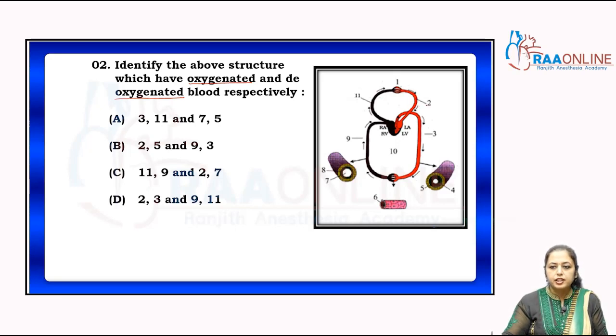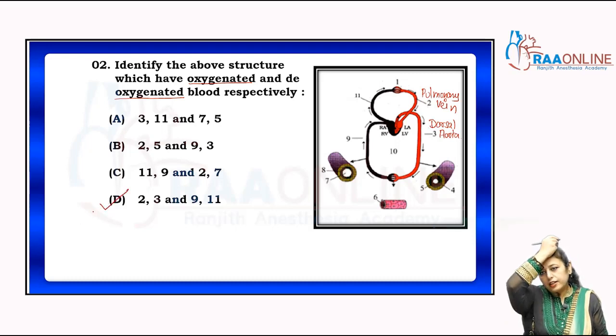Oxygenated blood is carried by number 2, the pulmonary vein. Number 3 also carries oxygenated blood, which is the dorsal aorta. So 2 and 3 are given only in option D.